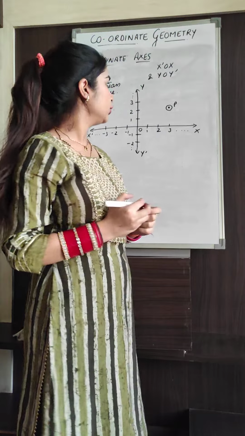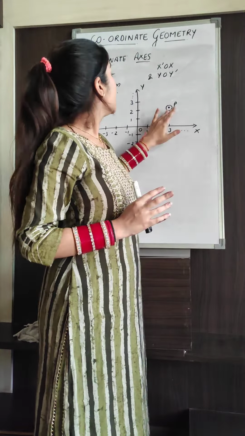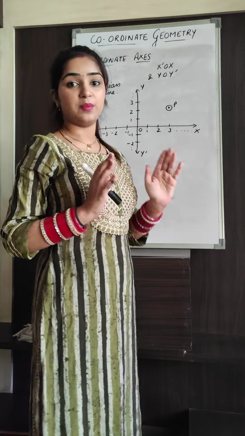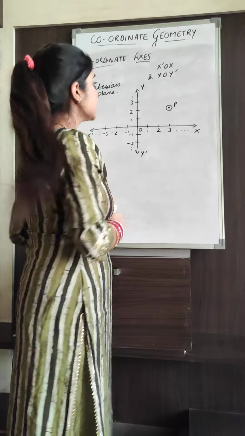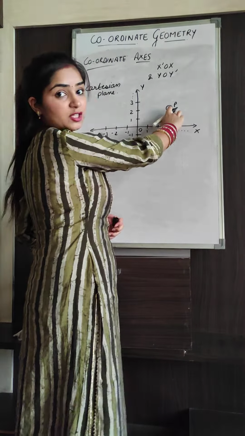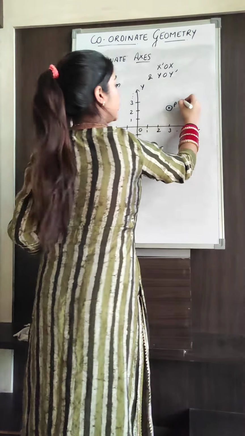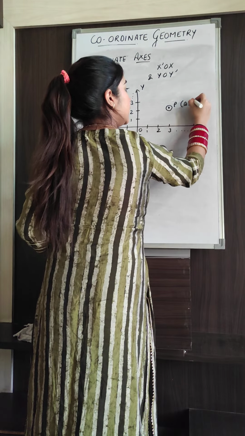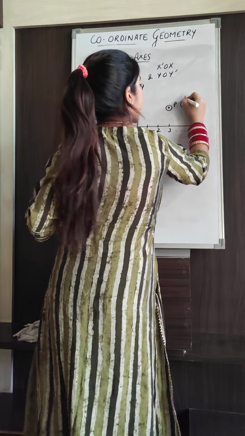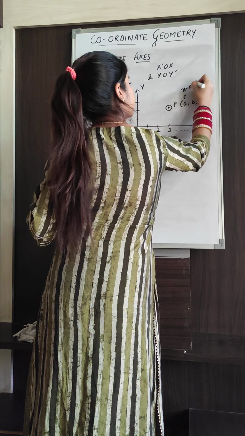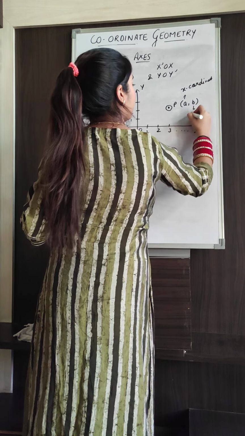Now I am going to tell you the definition of coordinate. We represent each point in a plane by means of an ordered pair of real numbers. Means, this is a point P in this plane, and we have to find the coordinate of this point. The coordinate of this point will always be in the form of an ordered pair (A, B), where A represents the x coordinate and B represents the y coordinate.